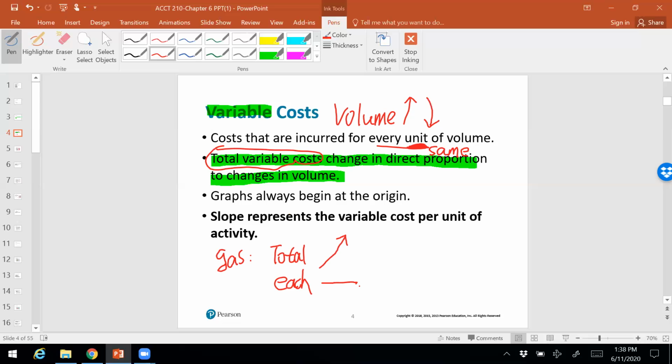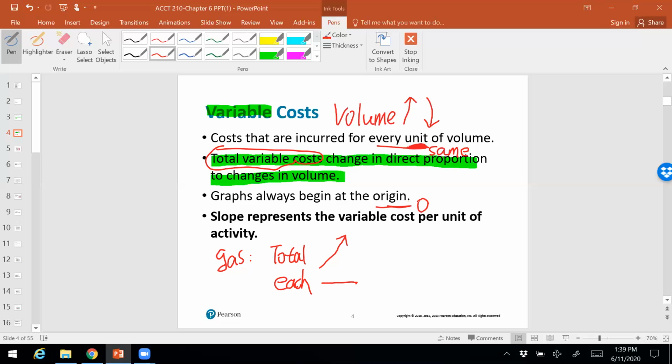For each unit, it's the same. So when you do the exam, when you do your practice, make sure you read the keyword is total or for each unit.